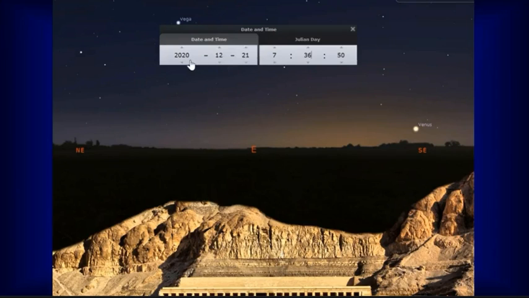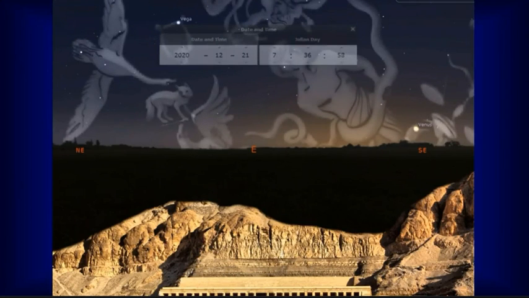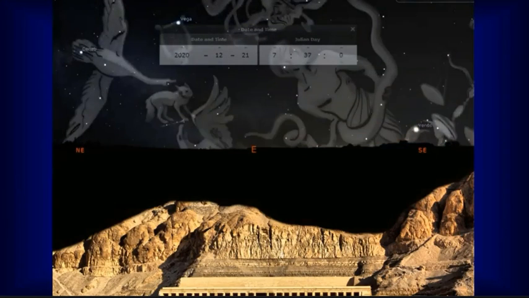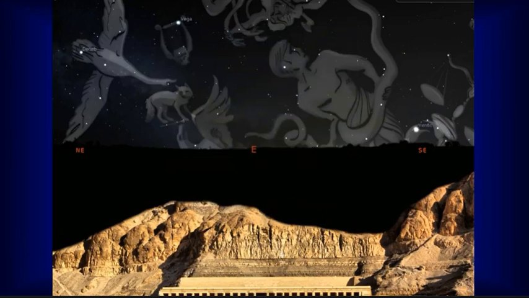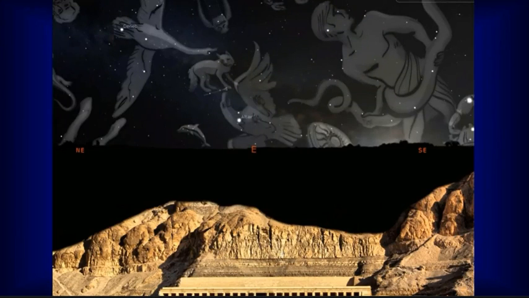This is the winter solstice, the 21st of December, early morning, and you can see that is when the sun comes up most towards the southern from the east, and after which it will travel again towards the north.